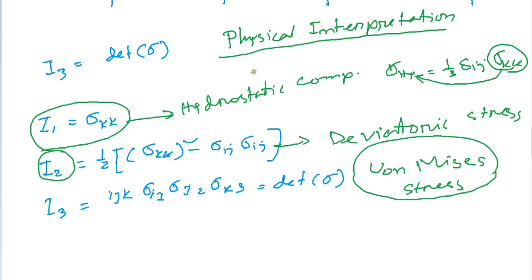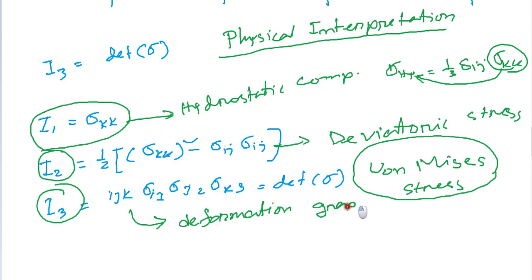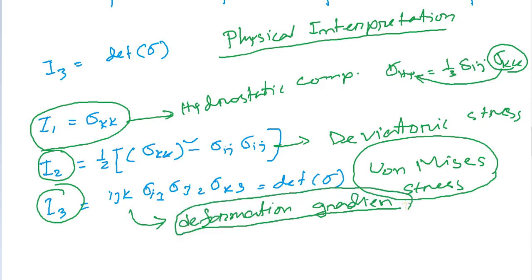And what about the third invariant? Finally, though it doesn't seem to have any physical significance as the determinant of a stress tensor, it does when applied to the deformation gradient. When you see the deformation or strain lectures, you will see the deformation gradient is related to the third invariant.